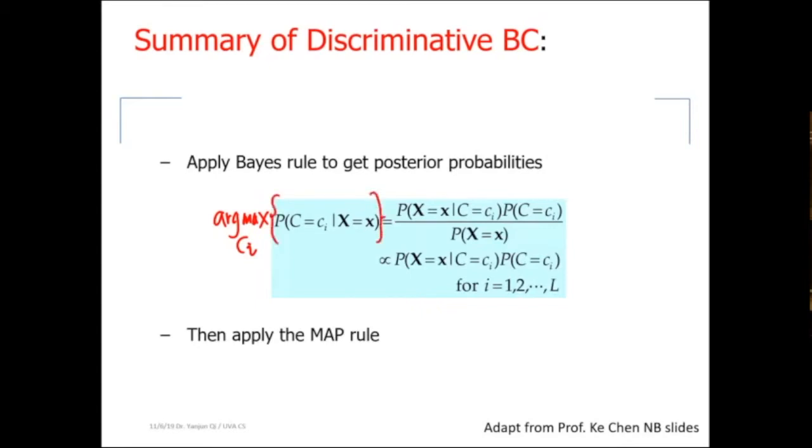Performing argmax on this is equivalent to performing it on the numerator, because the denominator is not related to C at all. No matter what C_i is, it is a shared value in the denominator, which doesn't change the ordering of C1, C2, and so on. That's why we don't need it if we only care about the max operation.